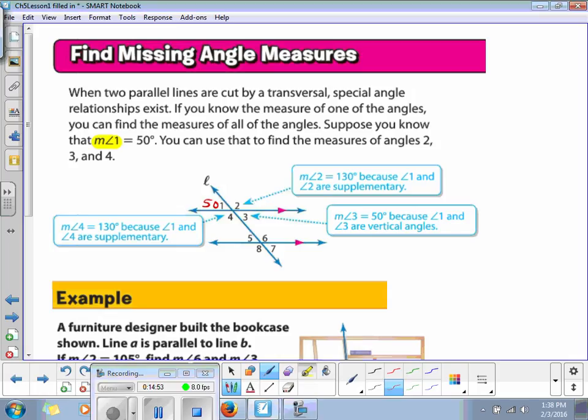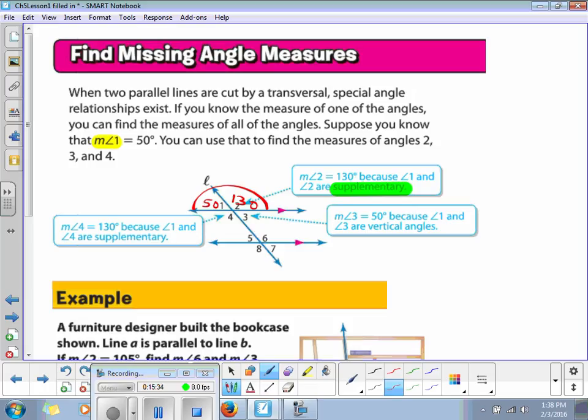Right? What does supplementary mean? Supplementary angles are two angles, and when you add them together, you get 180 degrees. Okay? So, when we add 50 plus that other angle that's right next to it, you get 130, right? If you add those together, that's going to give you 180. Is that right?